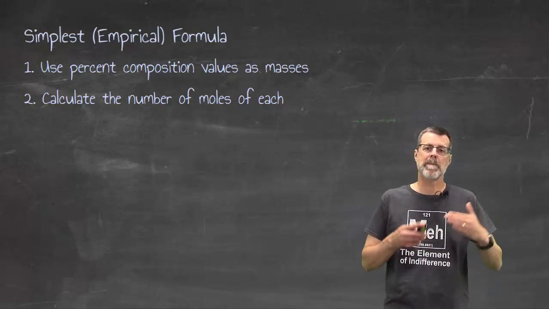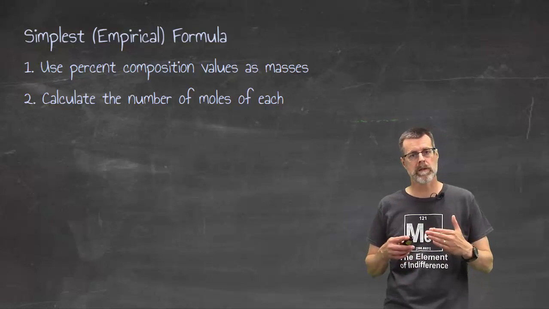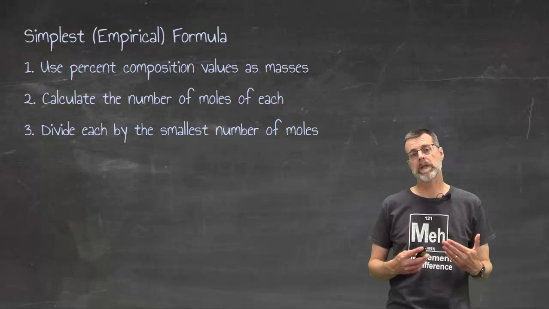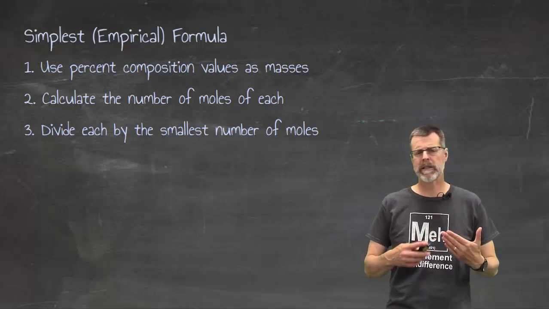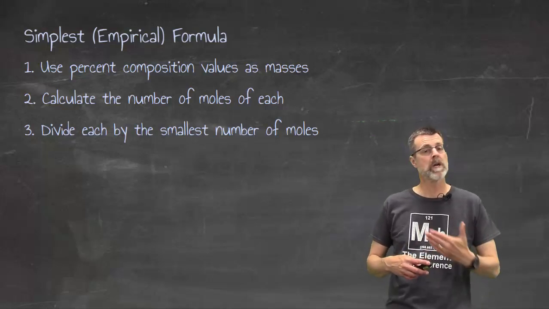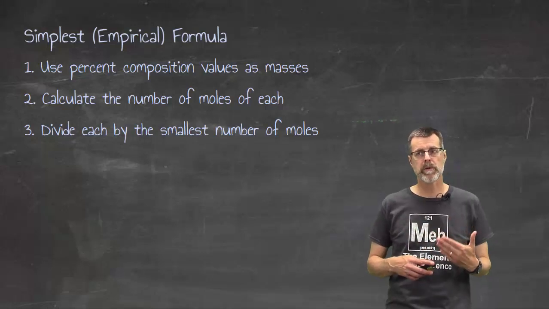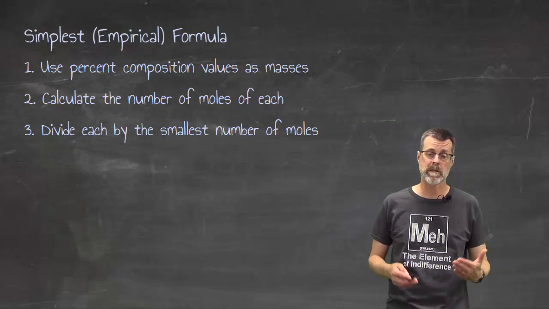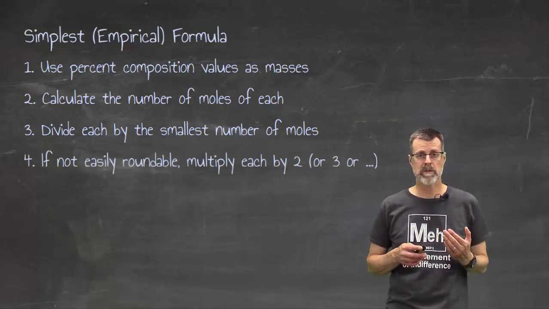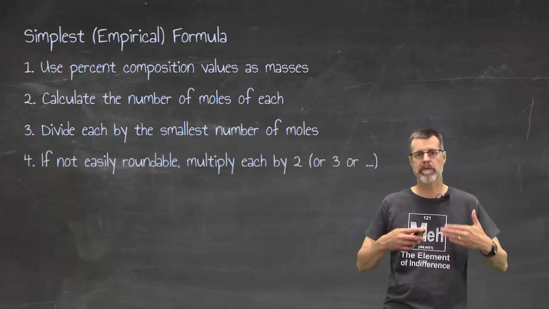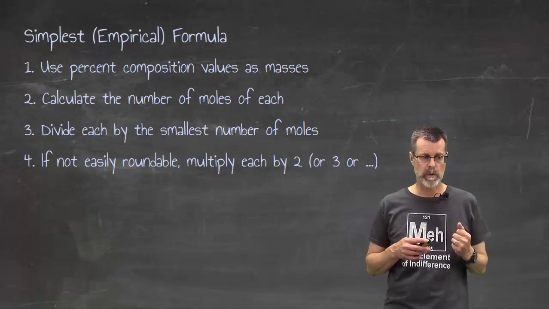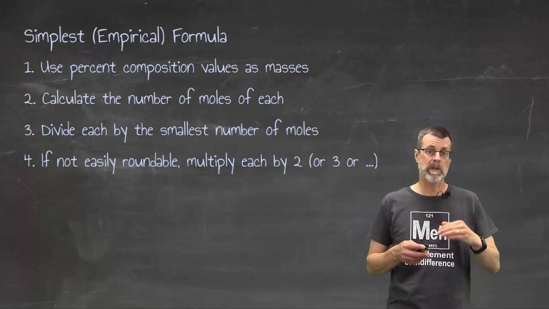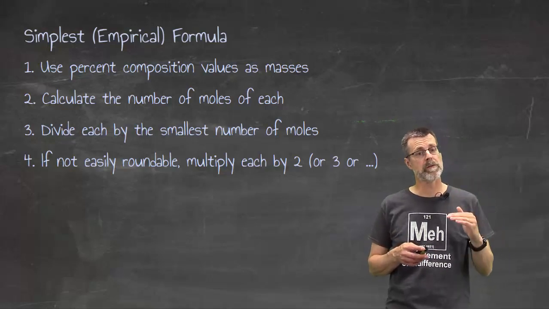But the problem is the masses that we have won't necessarily be whole numbers of moles. So we do step 3, where we divide each one by the smallest number of moles, which feels kind of weird at first, but what that does is it gets us to whole number ratios in most cases. If we don't get whole number ratios out of that, then we have to do some modification. Now, we'll do an example or two, and you will always do steps 1, 2, 3.